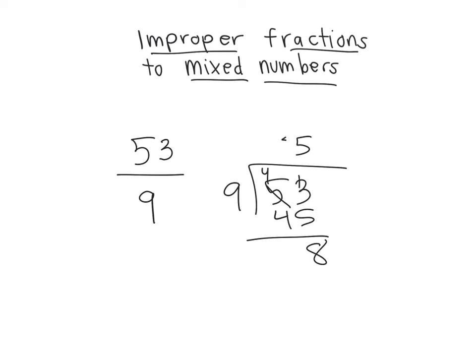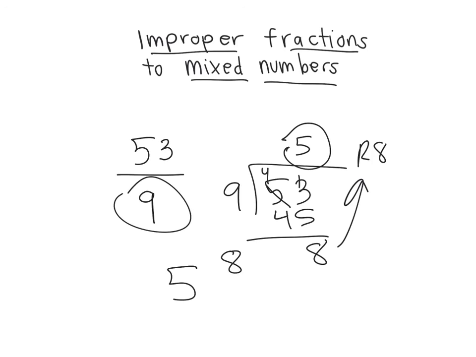That'd be a remainder of 8. What does the 5 become? Our whole number. What does our remainder of 8 become? Our numerator. And the bottom, please tell me, yes, it stays the same. And that is how we do it.